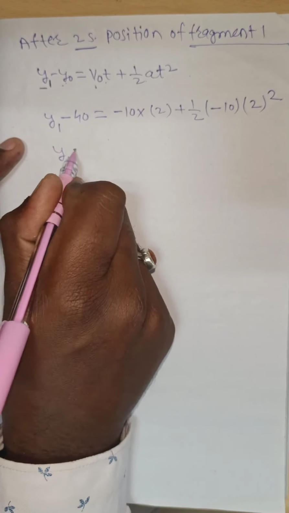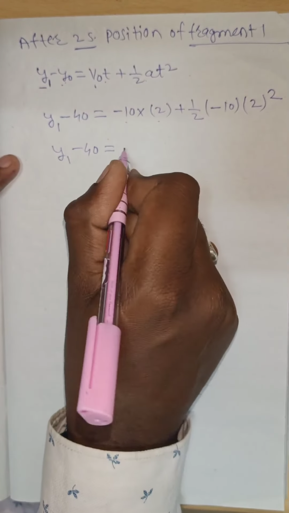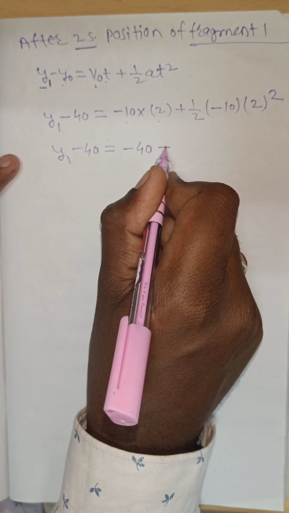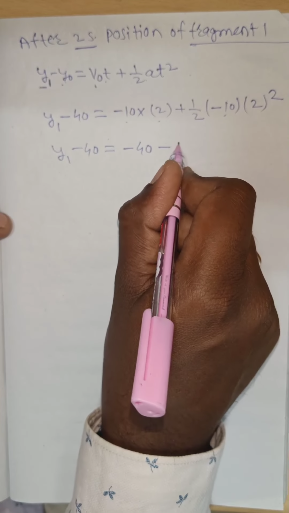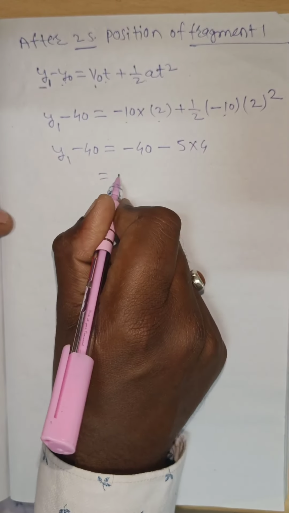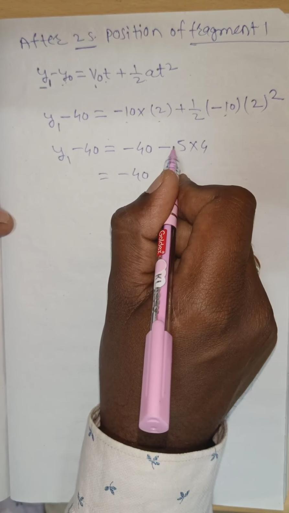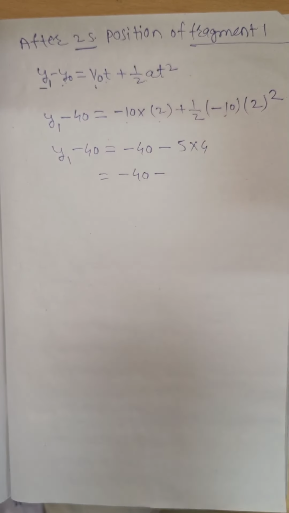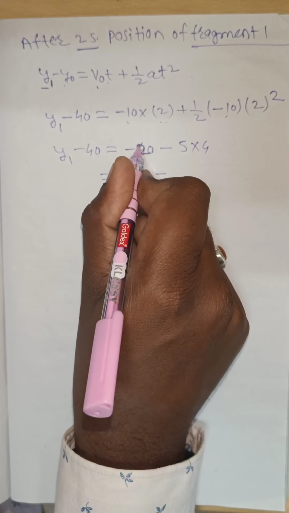Therefore y1 minus 40 equals minus 10 into 2, that is minus 20, then minus 10 divided by 2 is minus 5 into 4 is minus 20.